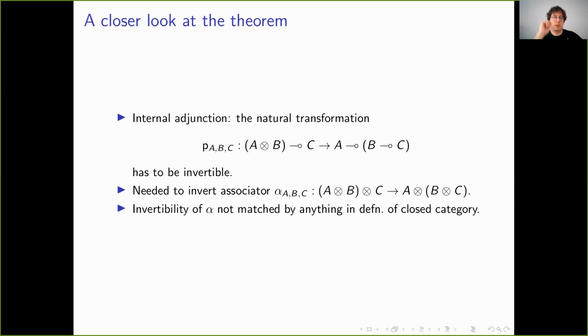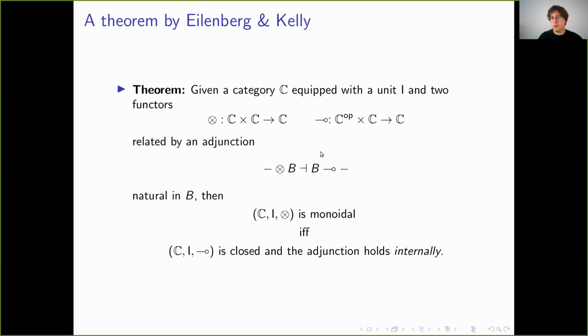It means that the following natural transformation here is required to be invertible. And the fact that this is an isomorphism is just an internal variant of saying this adjunction.